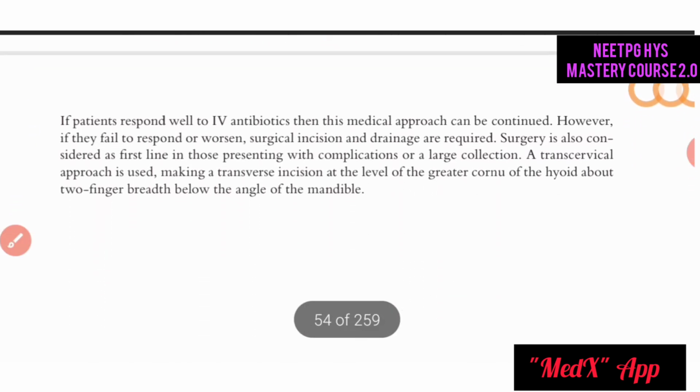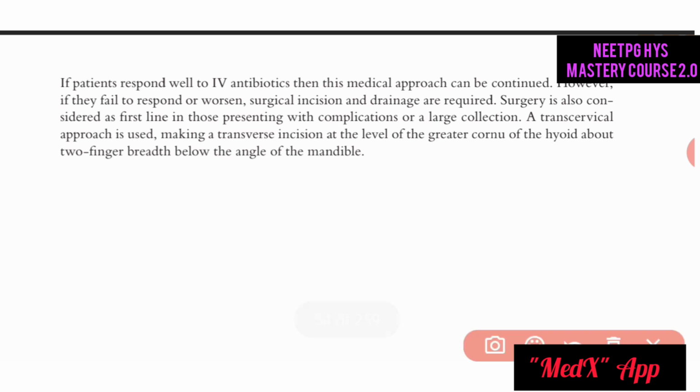If the patient is not responding to the medical management or IV antibiotic, then you can do a surgical incision and drain the pus. Surgery is also considered if the medical treatment fails, if there is any complication, or if the collection is very large.